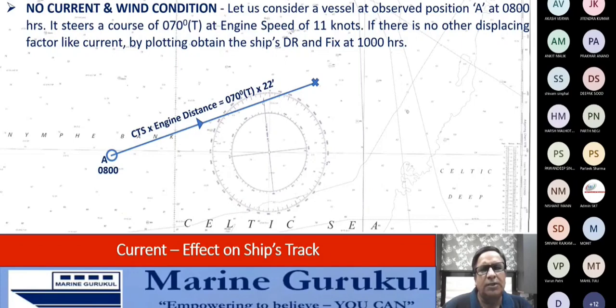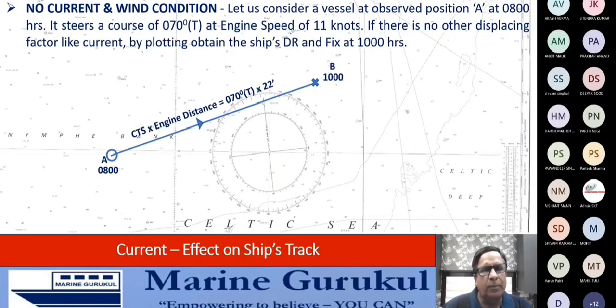Now, as there is no other displacement vector acting on the ship than her own propulsion, obviously her track over the ground would be same as the track through water. What we have plotted is the track through water, and in this case, the track over the ground shall also be the same. So actually the vessel would be at point B at 1000 hours.